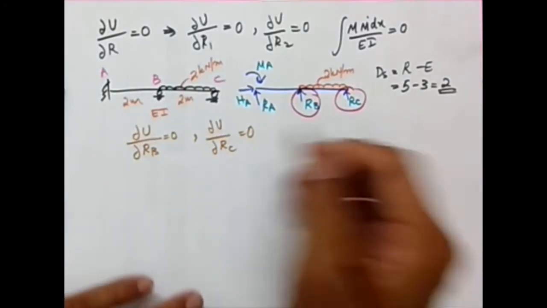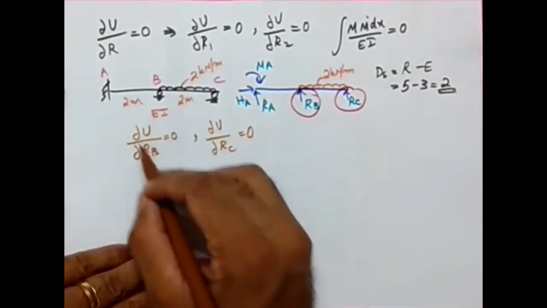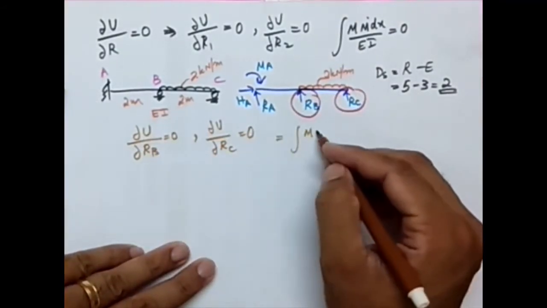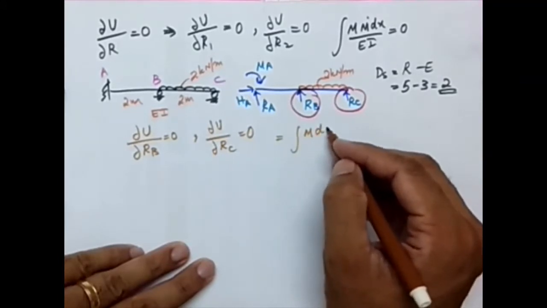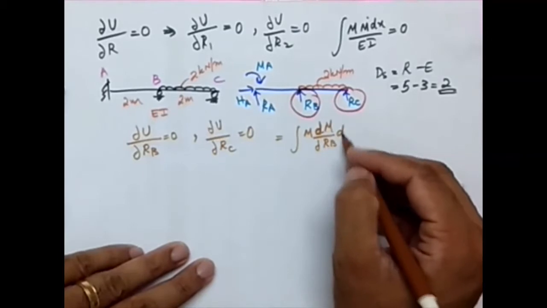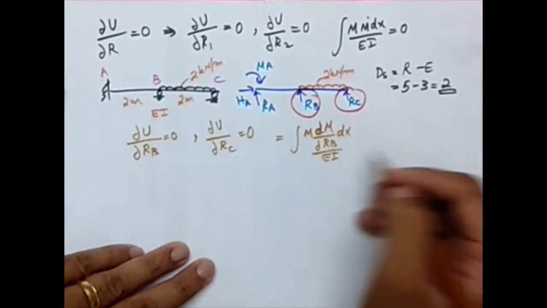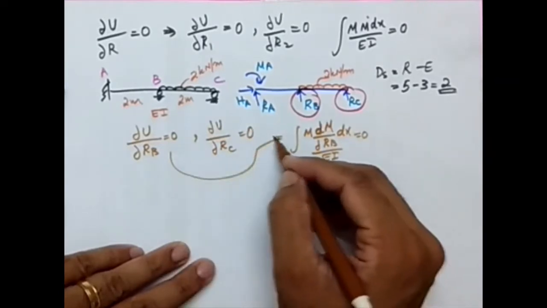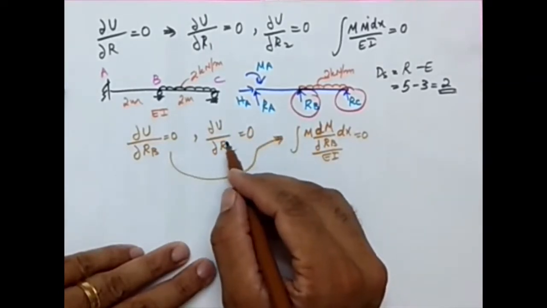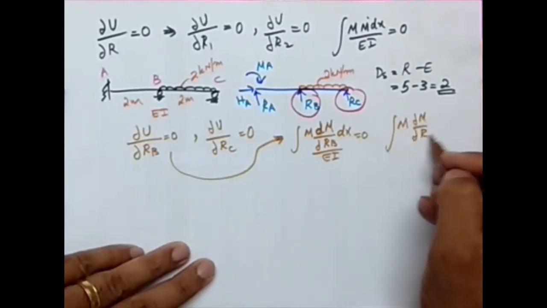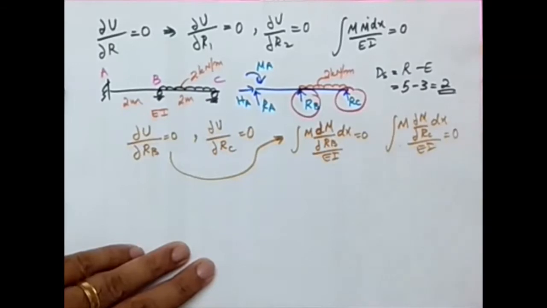Fine. So when I expand this equation in this form, I'll get integral M dou M by dou RB dx by EI equal to 0. That is what is given by this equation. What about the other? This will give us the equation integral M dou M by dou RC dx by EI equal to 0.